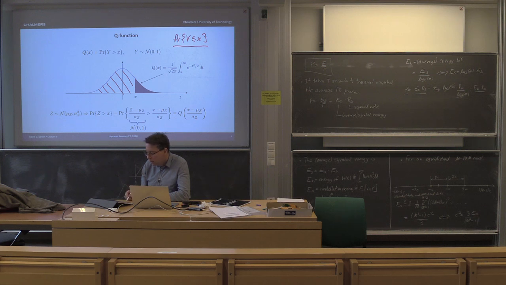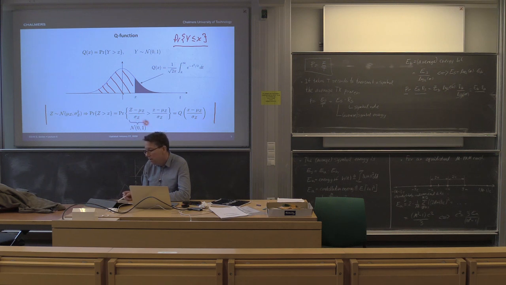And here's a very important relationship for our purposes now: if z is a Gaussian random variable with some mean and some variance, then if we're interested in computing the probability that z is greater than x, can we use the Q function to do this? And yes, we can, by simply converting what's on the left-hand side here into a standard Gaussian random variable, that is a Gaussian random variable with 0 mean and variance 1. So we take z, and then we subtract off its mean and divide through by its standard deviation.